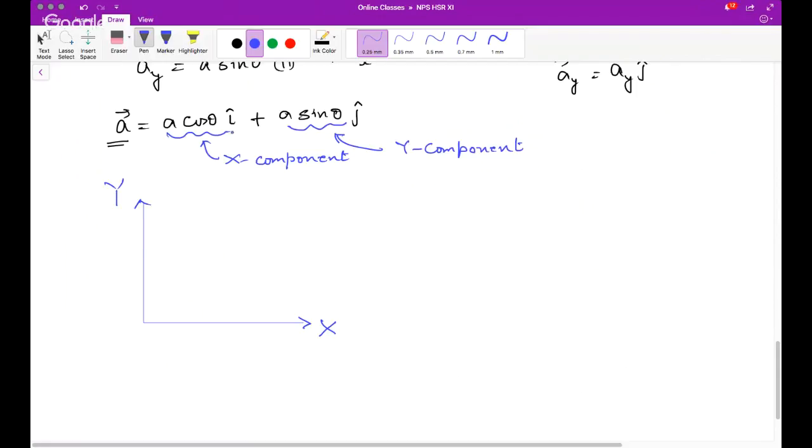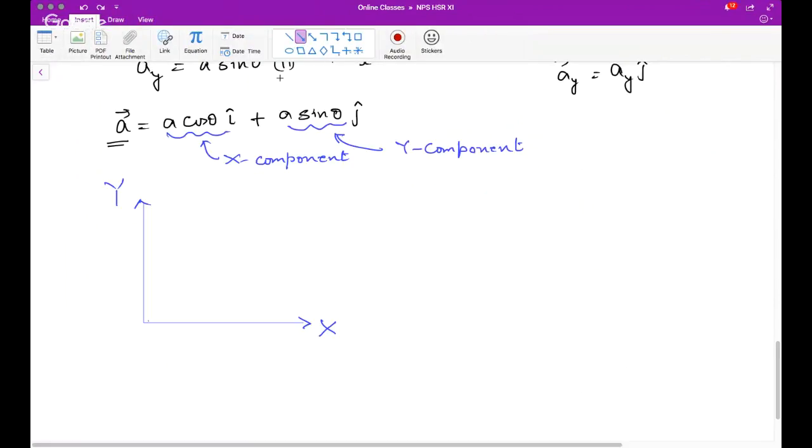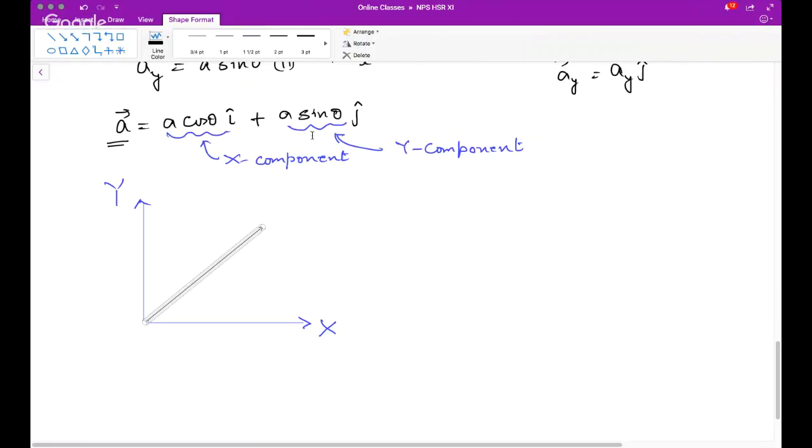Let's say I have a vector like that, and I want to resolve this vector into two components. So what would I do? This is how you'll resolve it. This is my x component, and this will be my y component.